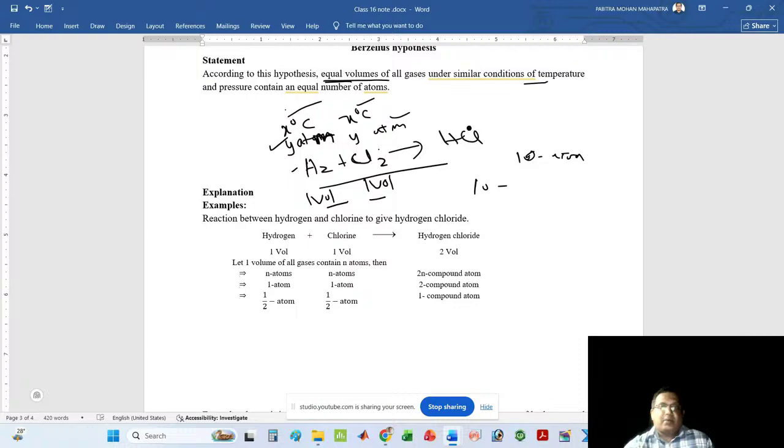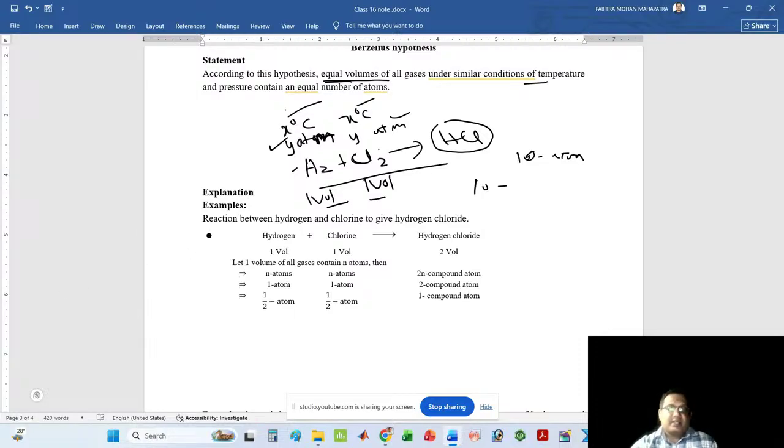Similarly, think about HCl. If HCl is present under the same temperature and pressure, then HCl also contains an equal number of atoms. Let me explain what the Berzelius hypothesis actually is.